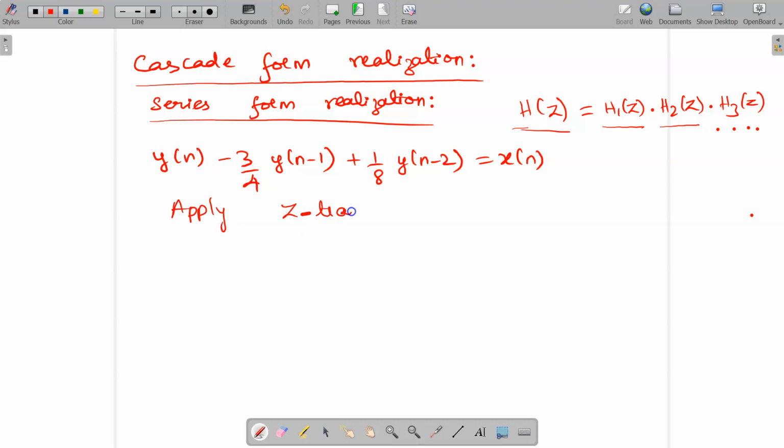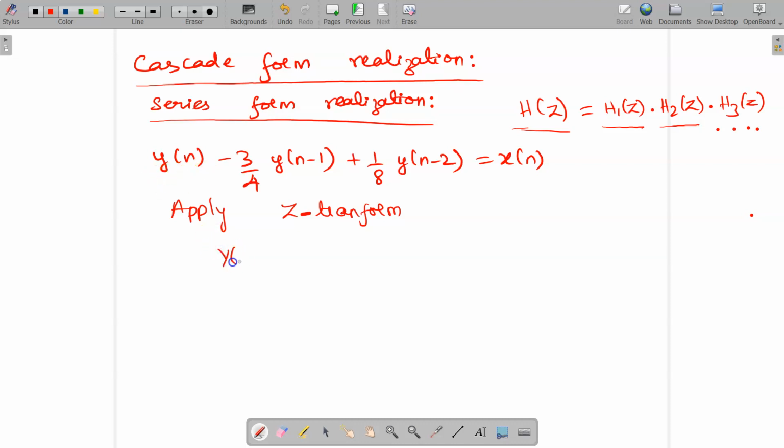In some problems they may directly give the H of z, so we can factorize the given H of z directly into sub-transfer functions. Here H of z is not directly given; the given is a difference equation. So apply the z transform and find out the transfer function first.